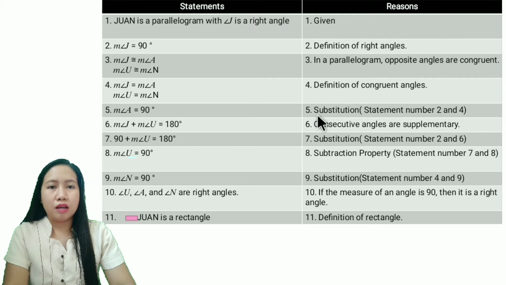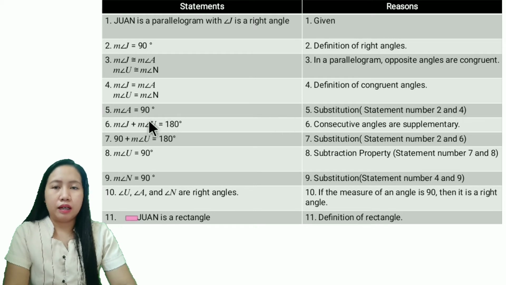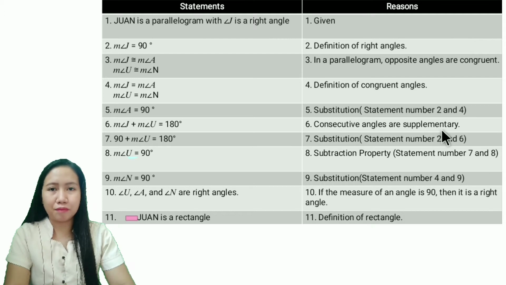Reason: by substitution, statement number 2 and number 4. Number 6, measure of angle J plus measure of angle U is equal to 180 degrees. Reason: consecutive angles are supplementary.